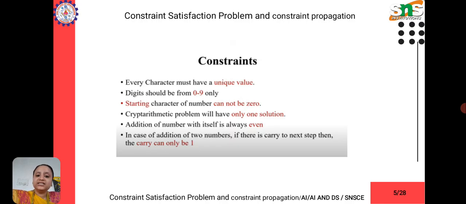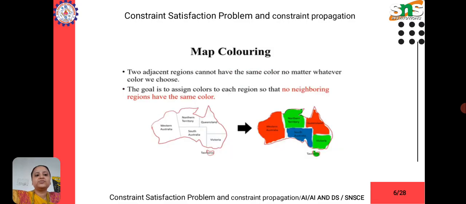The value should be unique, the digits that you are taking should always be between 0 to 9, and the starting value can never be 0. And you should always have one solution at a time, and the addition of those numbers should always be even. In case you have a carry value, the carry value for the next step should always be 1.